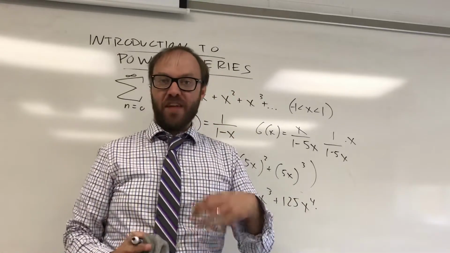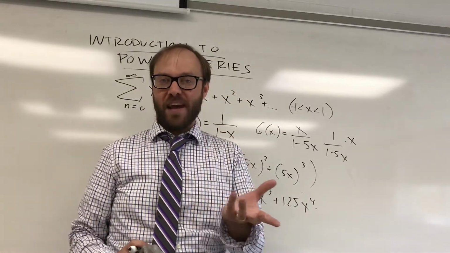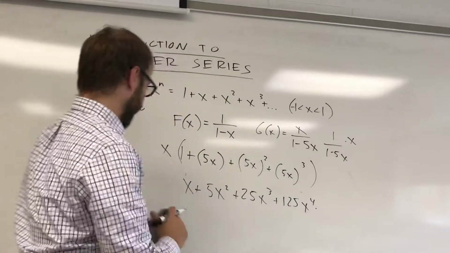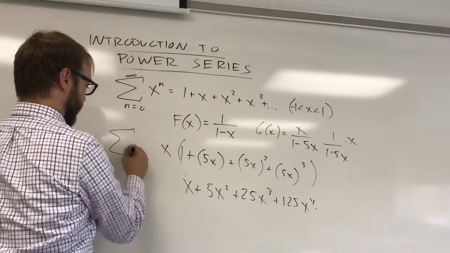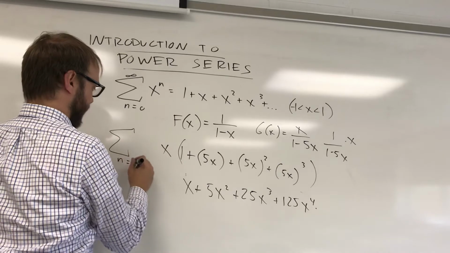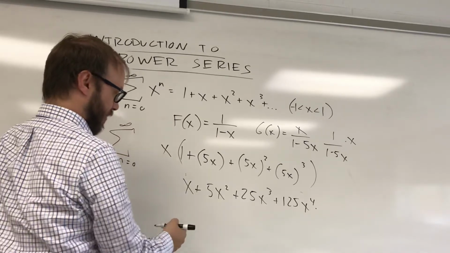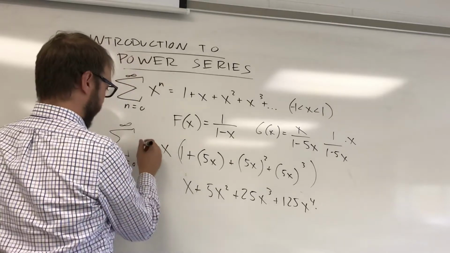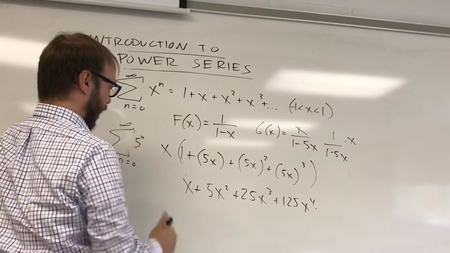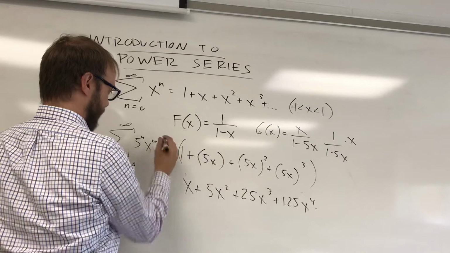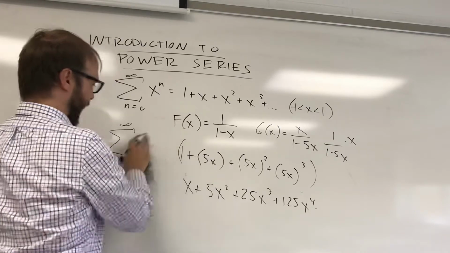Okay, so you still have powers of 5, but each of your x exponents is one larger than it was originally. So you could do something like this. You could say, well, that's the sum from 0 to infinity of, okay, so our 5s are all being taken to the n power. Our x's are all being taken to the n plus 1 power. Or actually, you could have done it the other way.